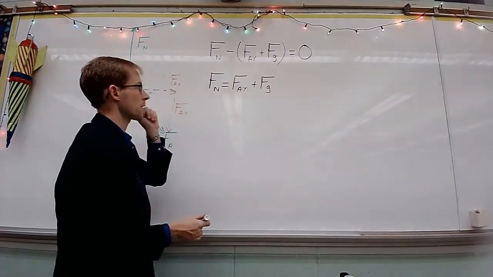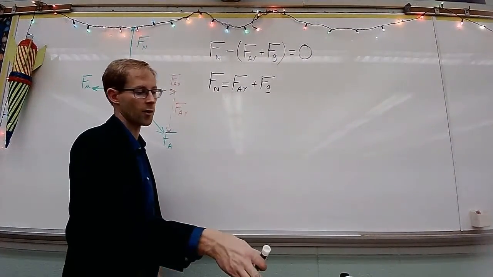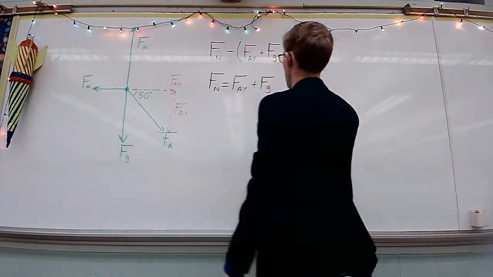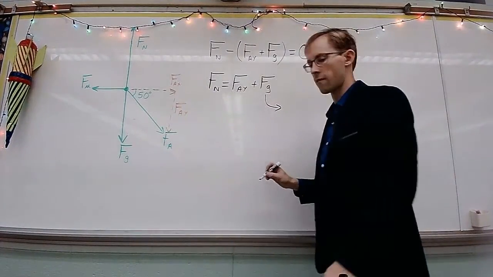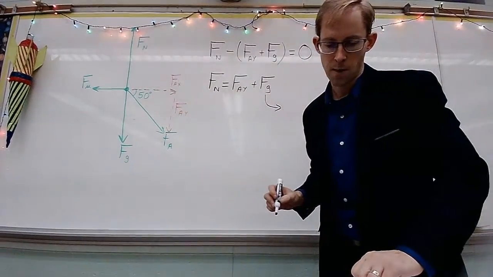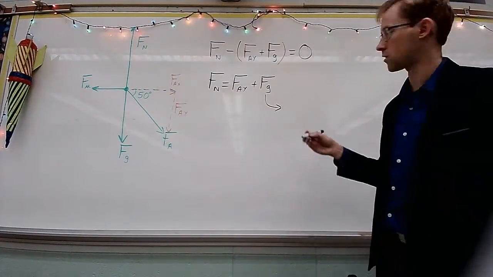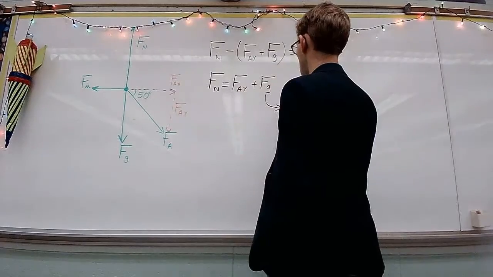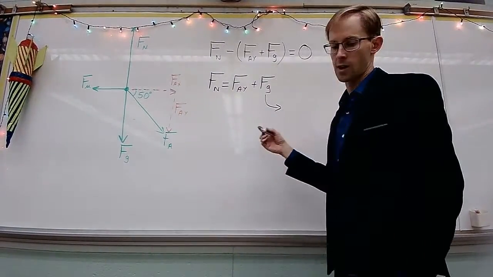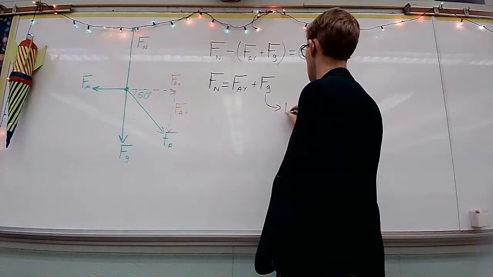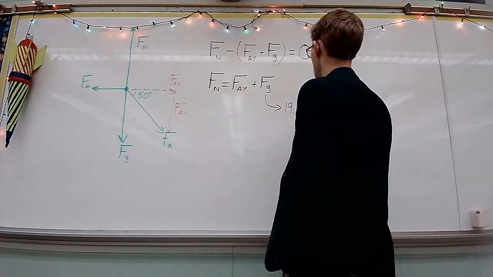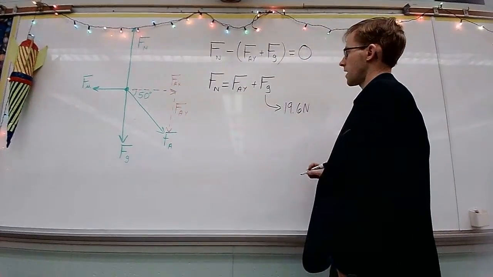So if I want to figure out my normal force then, I need to figure out both of these things. Well, force of gravity is pretty straightforward. Mass times 9.8. So looks like he's pushing a 2-kilogram broom. So 2 times 9.8 is going to be 19.6. That is our force of gravity.